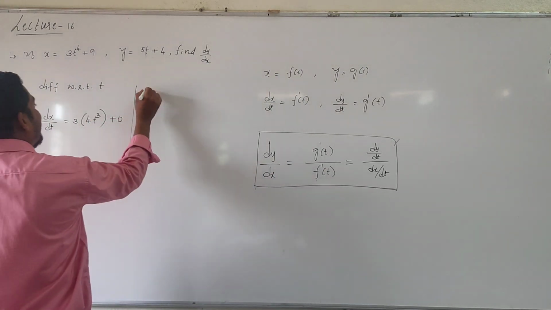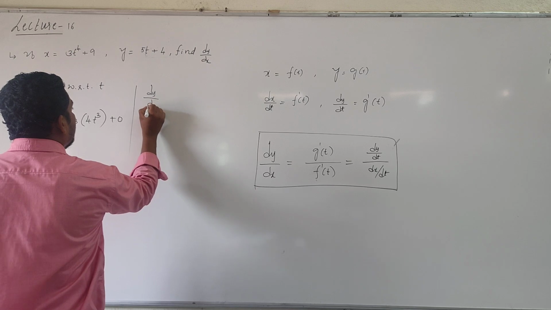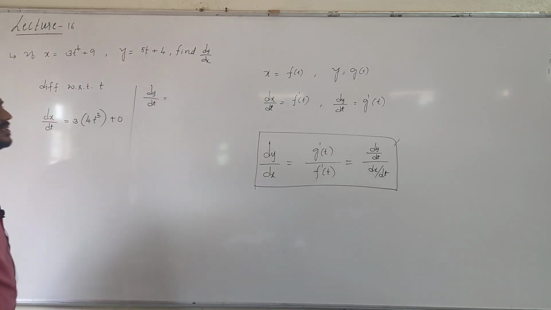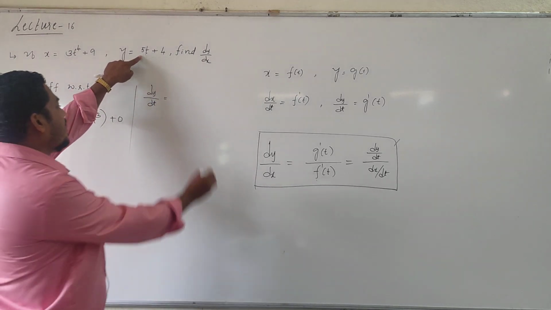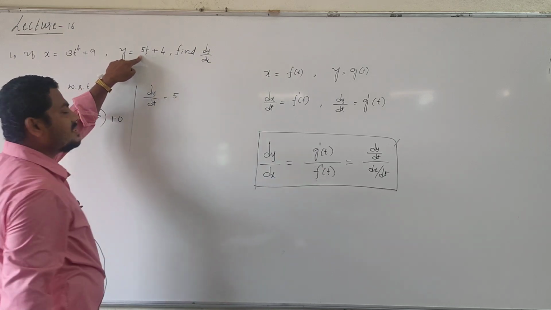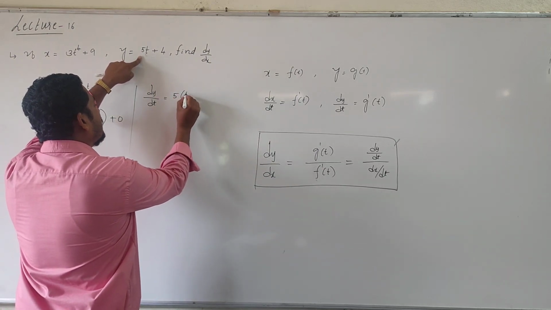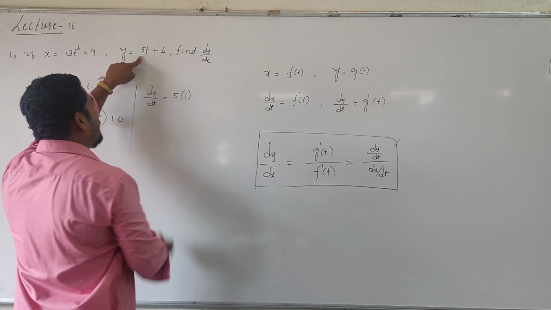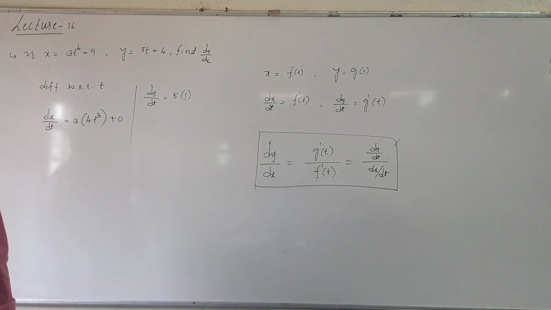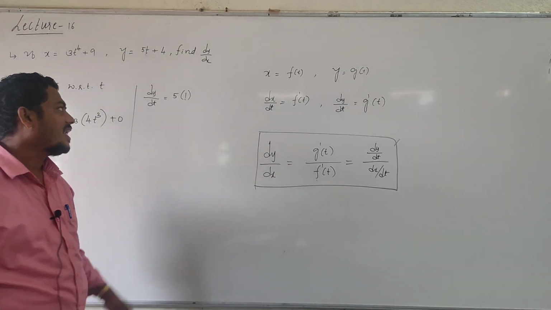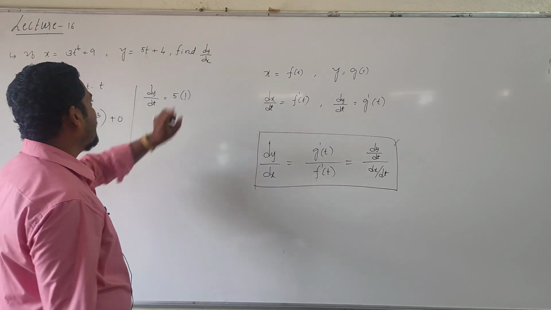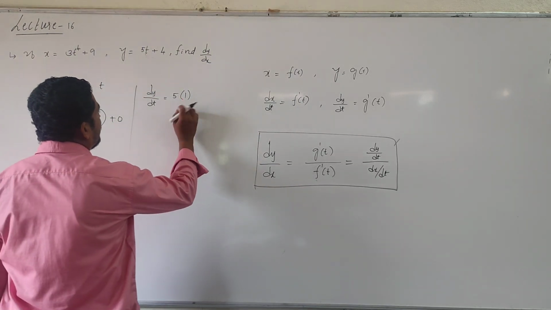Similarly, differentiate y with respect to t. Then it will be dy by dt. What is dy by dt? 5 constant as it is. What is differentiation of t with respect to t? It is like differentiation of x with respect to x is 1. So differentiation of t with respect to t is 1.